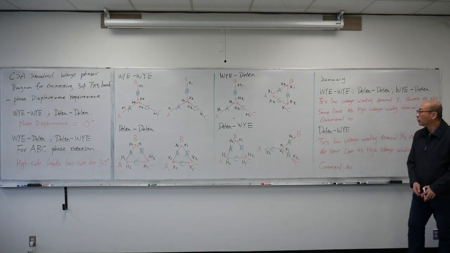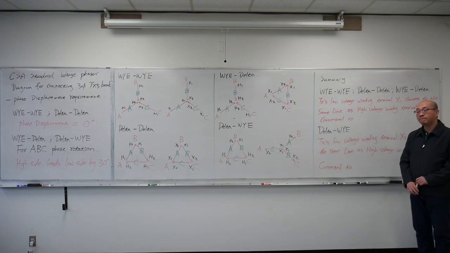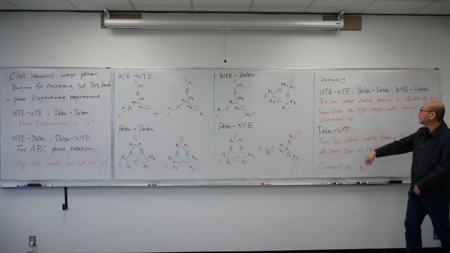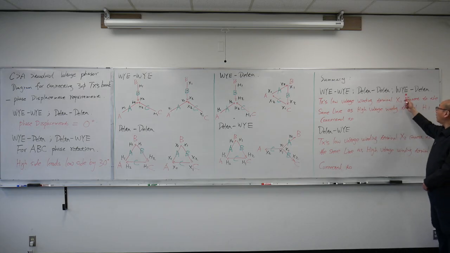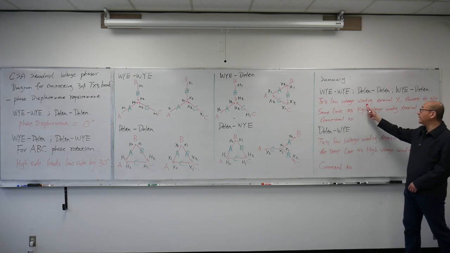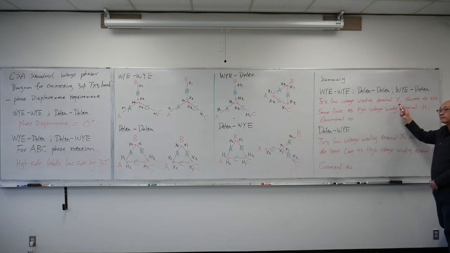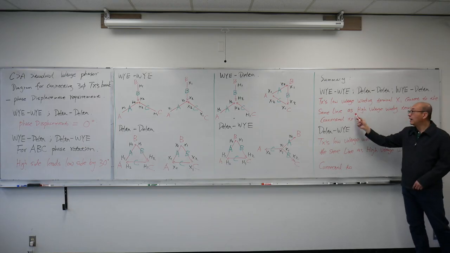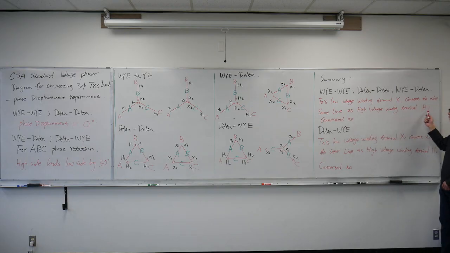To summarize, we'll give you an easy way to connect them. If you remember this: for Y to Y, delta to delta, or Y to delta, the transformer's low voltage winding terminal X1 is connected to the same line as the high voltage winding terminal H1.